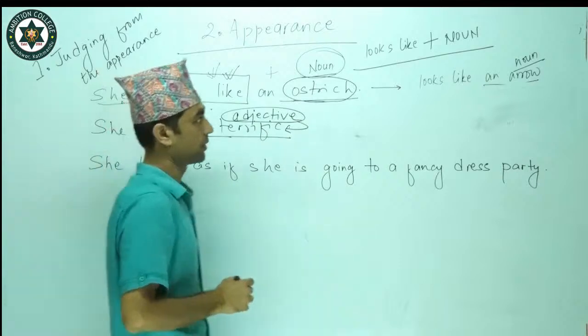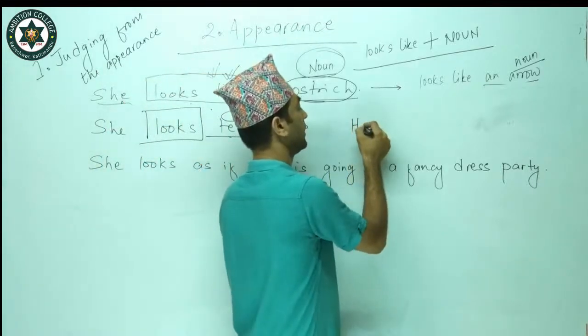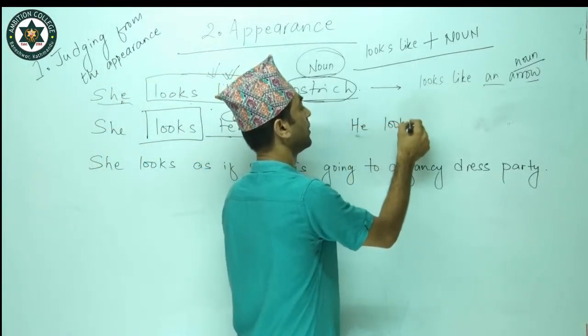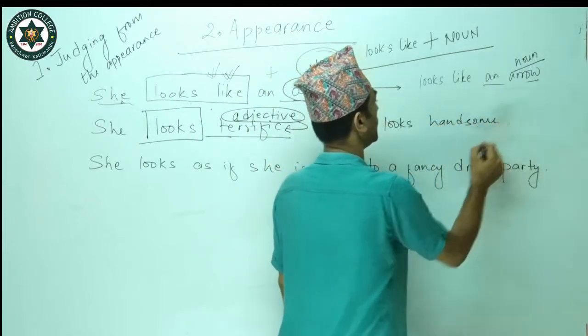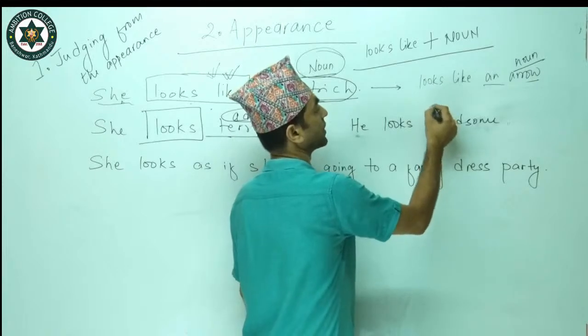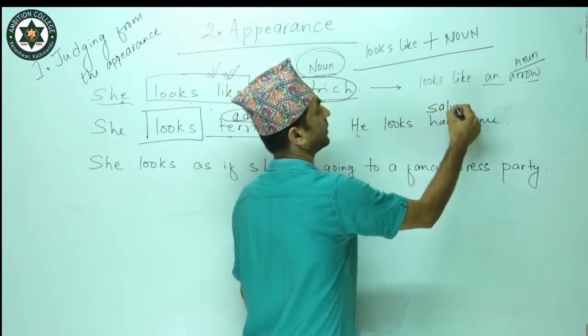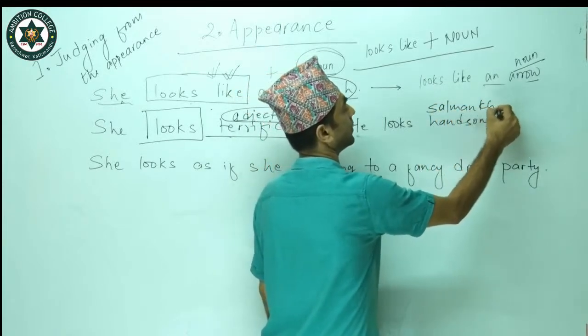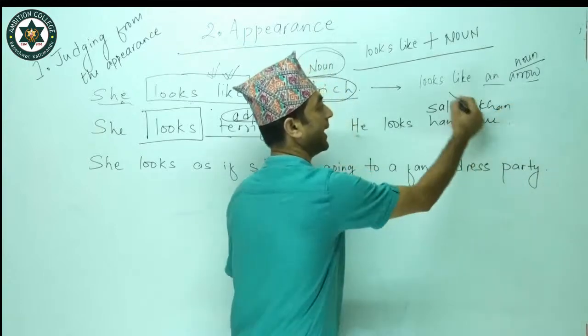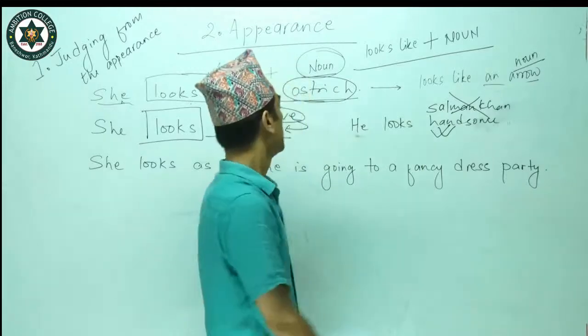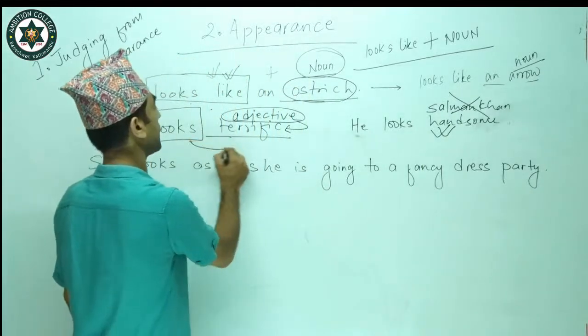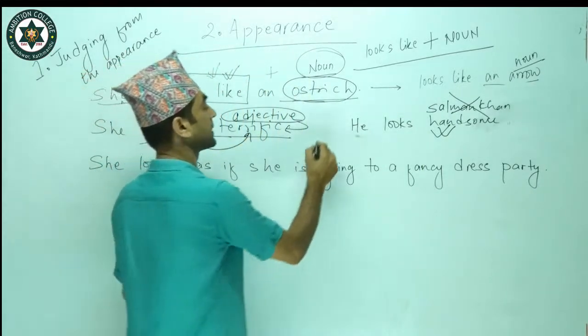Like, he looks handsome. We cannot say he looks Salman Khan. Right? We cannot say this, but we can say this. It means looks is always followed by the adjective.